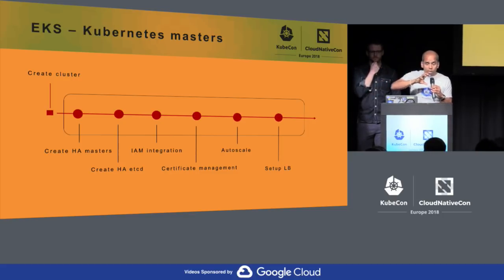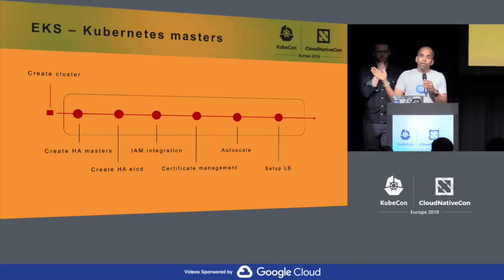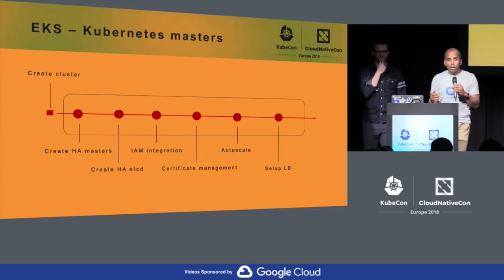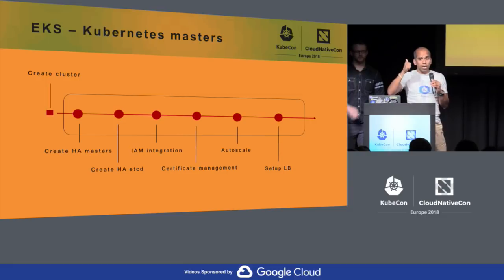Now, that concept is a bit different from auto-scaling your cluster, which is, again, a very native upstream experience. So if you have set up a cluster, then you can use all the native Kubernetes concepts that are available to you. And last but not the least, of course, we set up a load balancer in front of your master so that from your perspective, what you get is an API server, and you can talk to it directly.